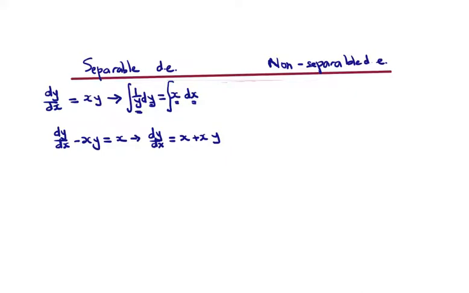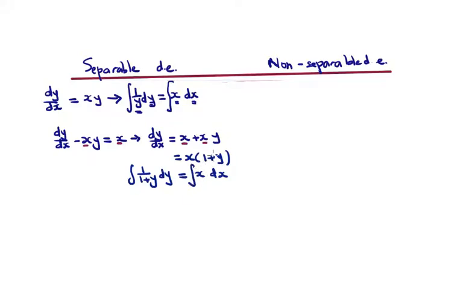To take note here, we have common terms x, therefore we can factorize it. Then after that, we can group the y terms on the left hand side and the x term on the right hand side.